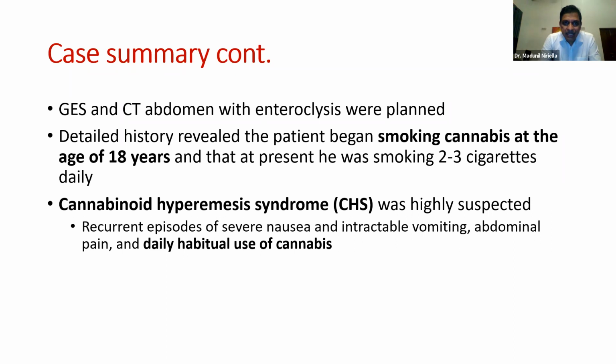But a detailed history in the absence of the mother revealed that the patient had begun smoking cannabis at the age of 18 years. At present, he was smoking about 2 to 3 cannabis cigarettes daily. Cannabinoid hyperemesis syndrome was highly suspected, given the recurrent episodes of severe nausea and intractable vomiting, abdominal pain, and daily habitual use of cannabis.